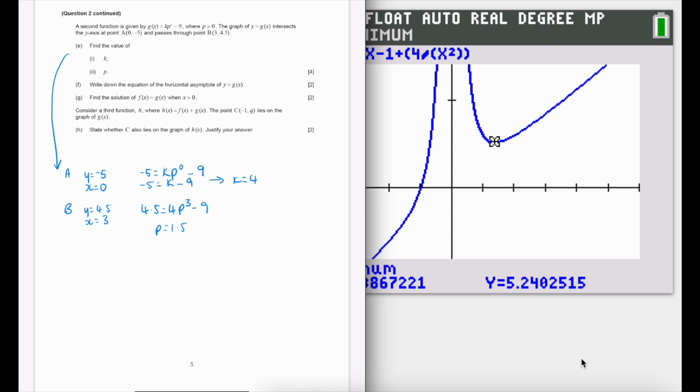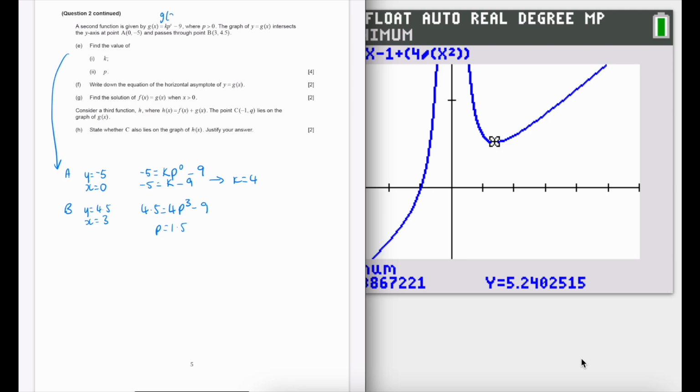And now we can write down the equation of the horizontal asymptote. So the best thing to do there is just to graph the equation. But equally, we know the horizontal asymptote of any exponential function, so let's write the final equation.